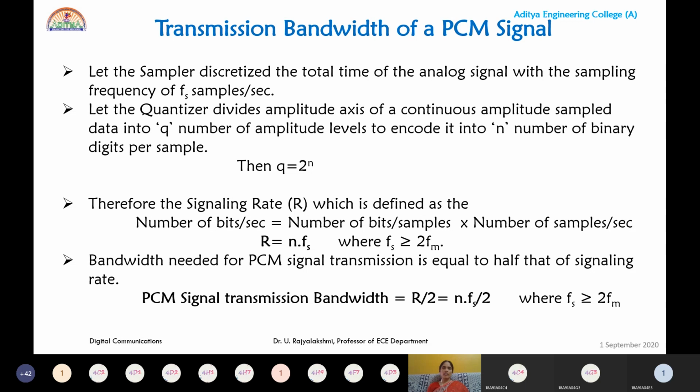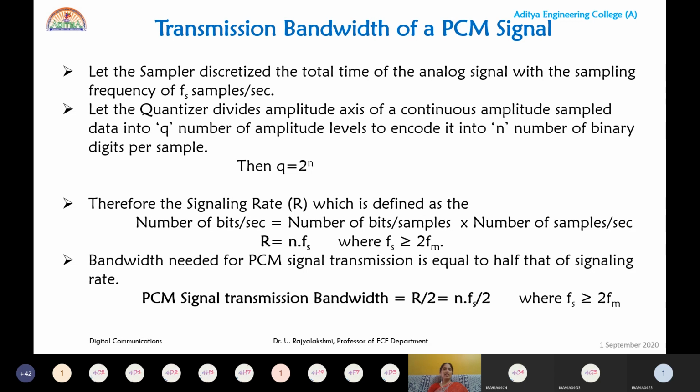You can replace q with 2 power n for an n bit sequence, where n is the number of bits per sample. You can also call the sample a frame. N bits per sample or per frame.